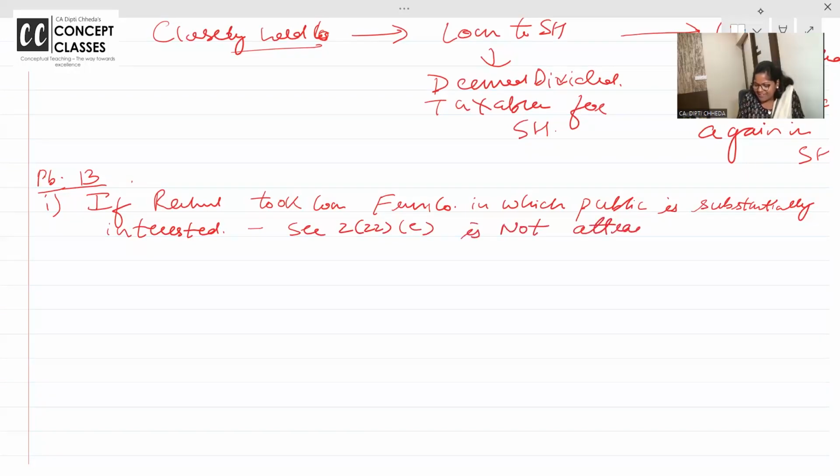Are you all writing the answer? Section 2(22)(e) is not attracted. Absolutely not. Because the public company, the deemed dividend provisions are not applicable, not attracted.